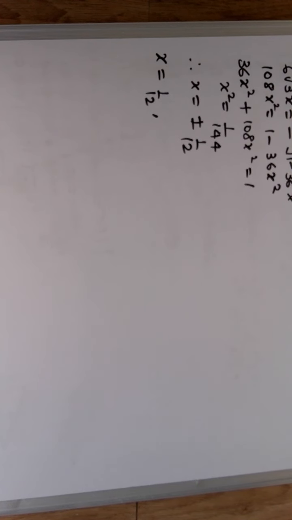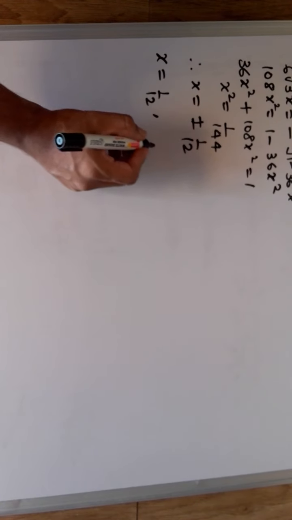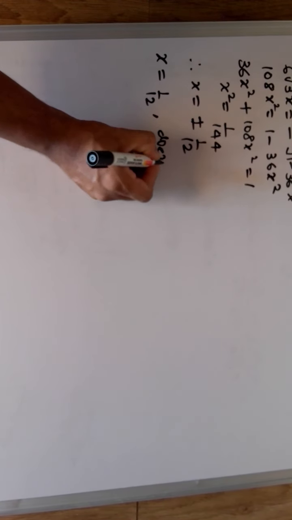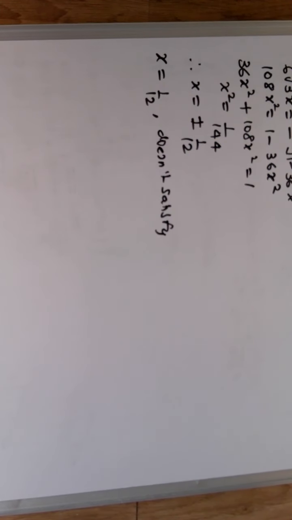30 degrees plus sine inverse of 6 root 3 by 12, that is root 3 by 2, is equal to 60 degrees. So 30 plus 60 is equal to 90, but here it is minus 90, right? That is minus pi by 2. So x is equal to 1 by 12 does not satisfy the given relation.